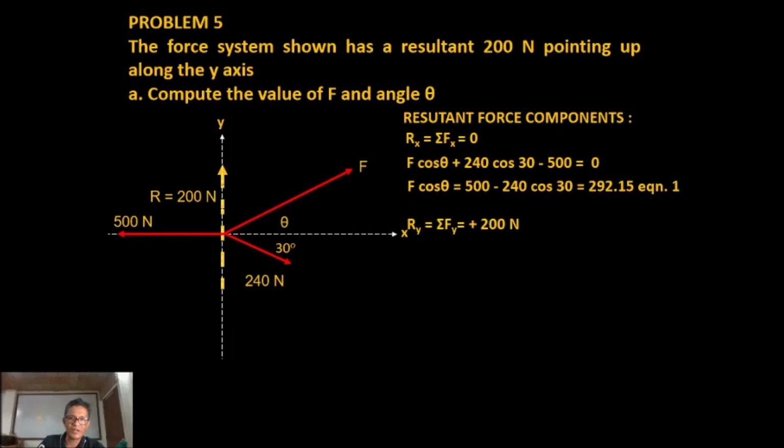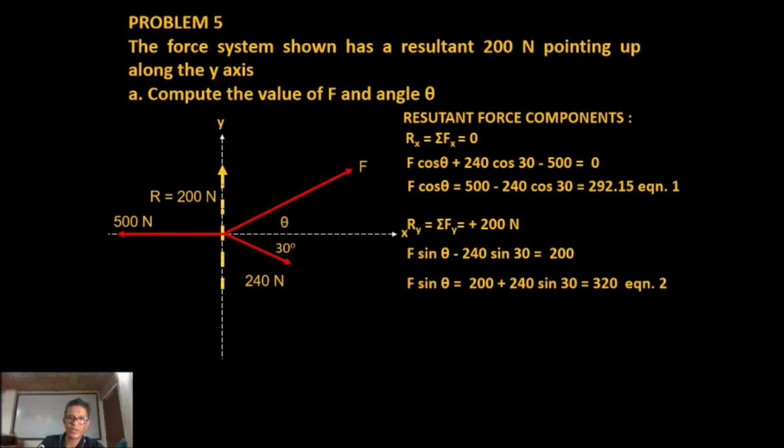Then next, we have Ry equal to the summation of Fy, and it is given that Ry is positive 200 newtons. So we have F sine of theta minus 240 sine of 30 equal to Ry, and that is equal to 200. Simplifying, we have F sine of theta equal to 200 plus 240 sine of 30, that's equal to 320 newtons. So that is equation 2.